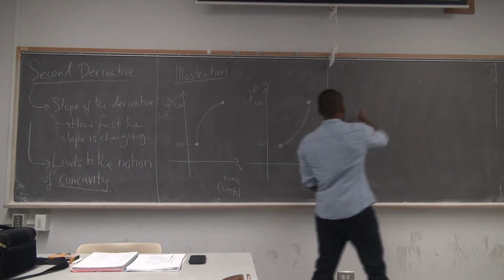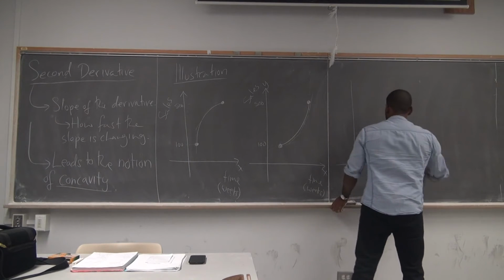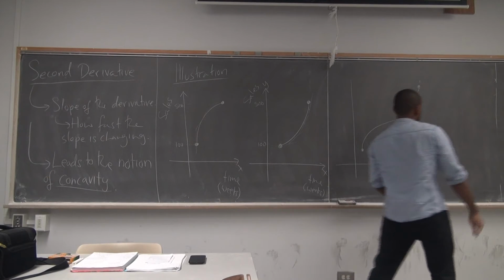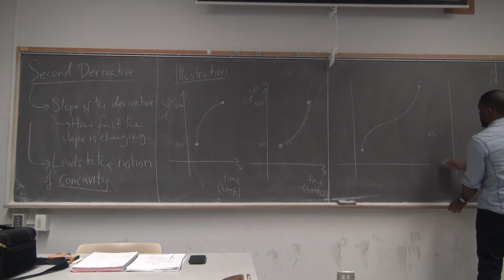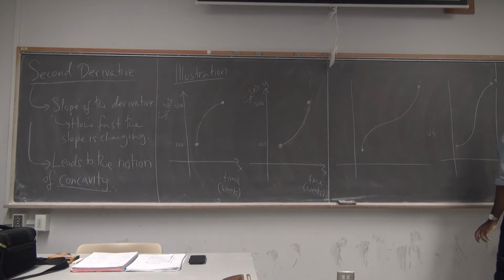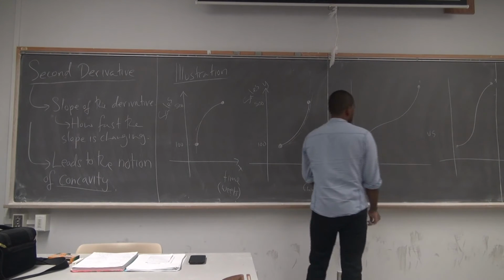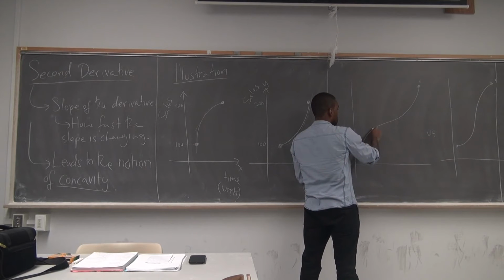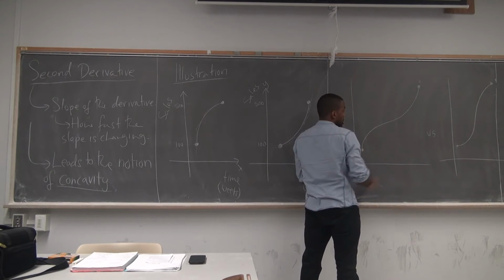Now I can ask about another situation, like this one versus this one. If you look at this one, overall you're increasing, but notice your slope keeps decreasing until it hits a certain point.